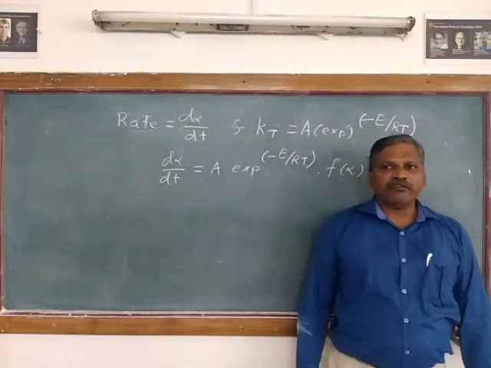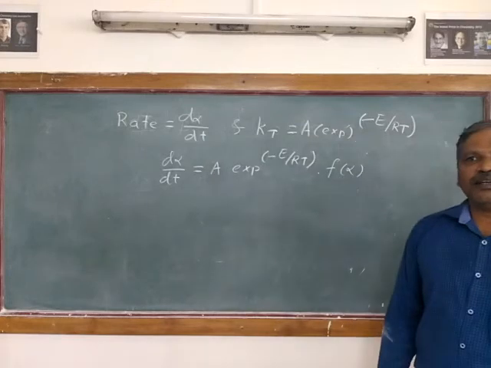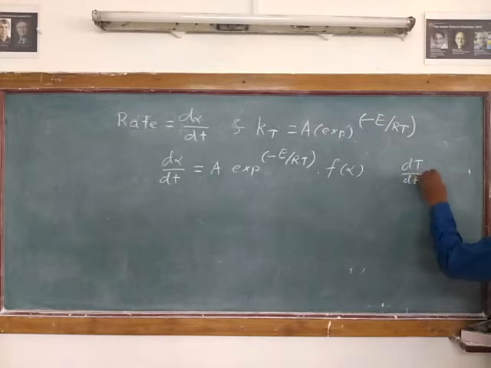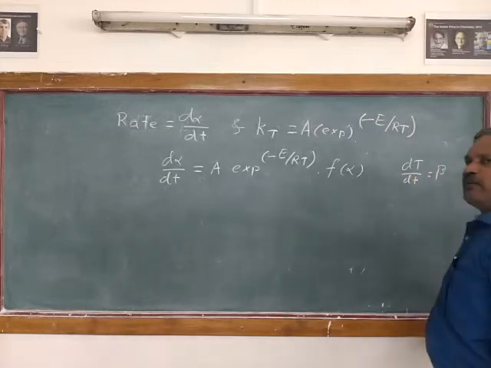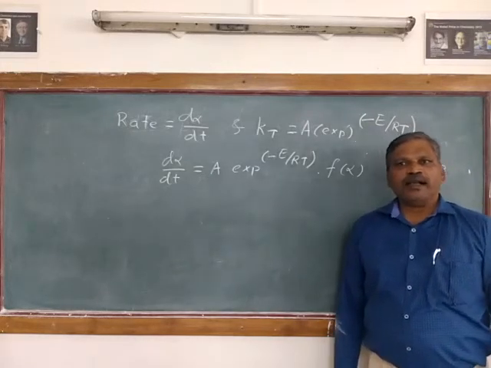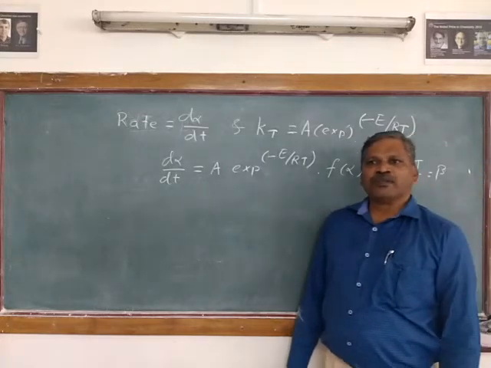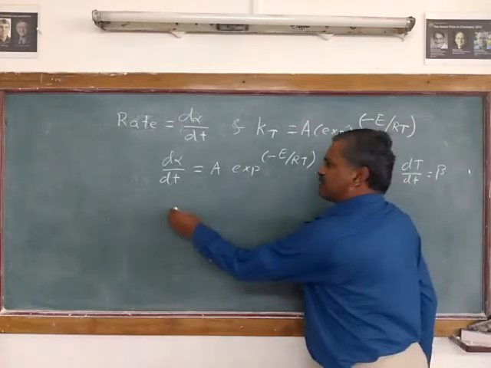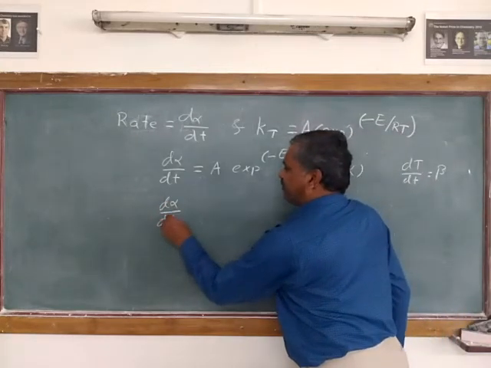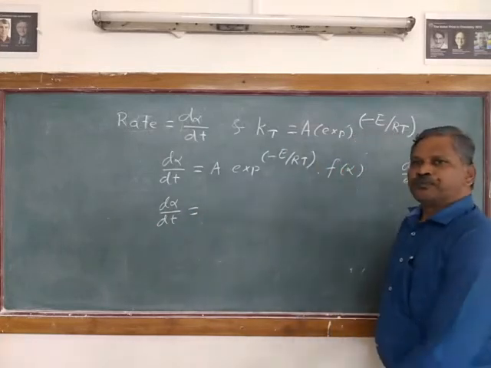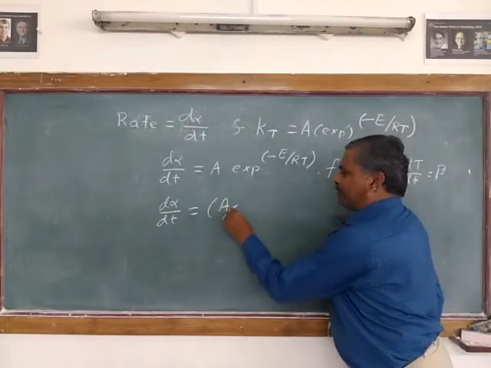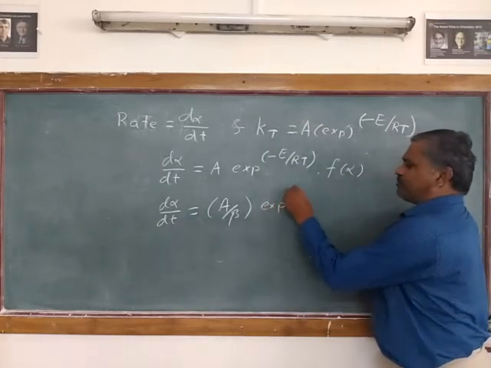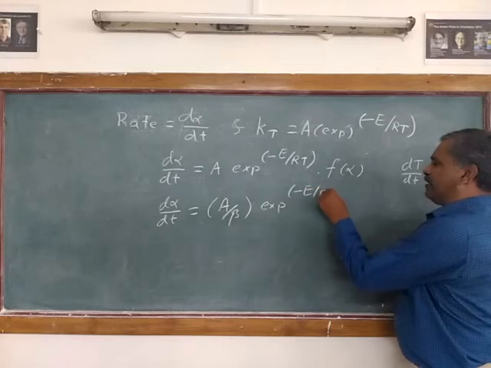Combining with the equation dT by dt, we know that dT by dt is equal to beta. So combining and rearranging, we get d alpha by dt is equal to A by beta exponential minus E by RT.